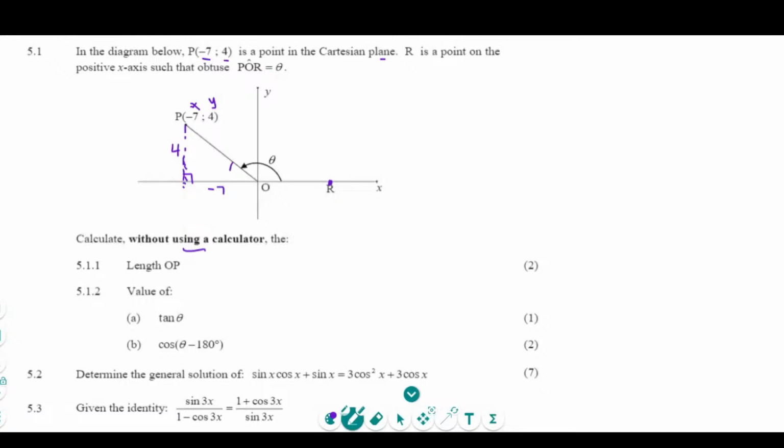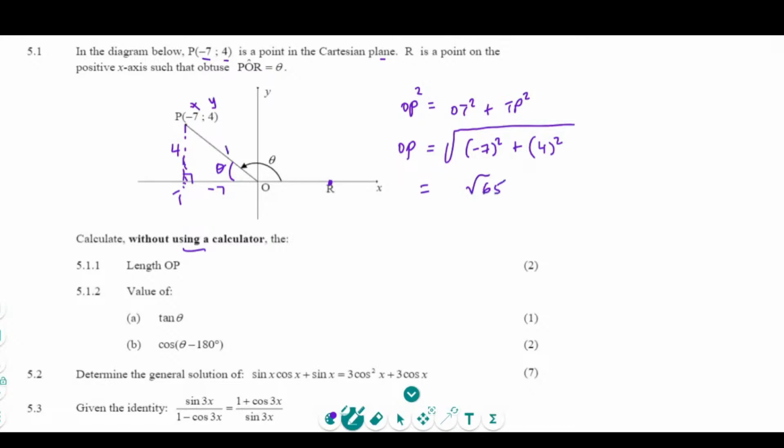From our reduction, this can be the theta. Then for the length of OP, we're going to use Pythagoras. If I call this T, then OP squared is equal to OT squared plus TP squared, or r squared is equal to x squared plus y squared. So OP will be the square root of (-7) squared plus 4 squared, which gives me the square root of 65.